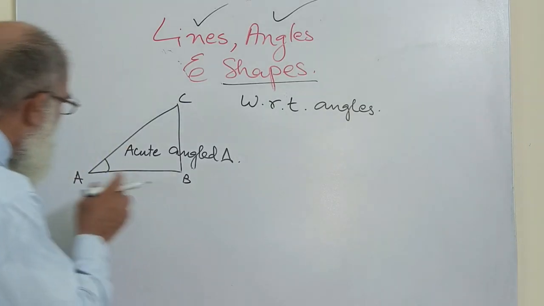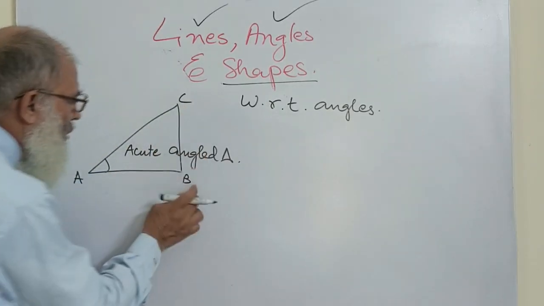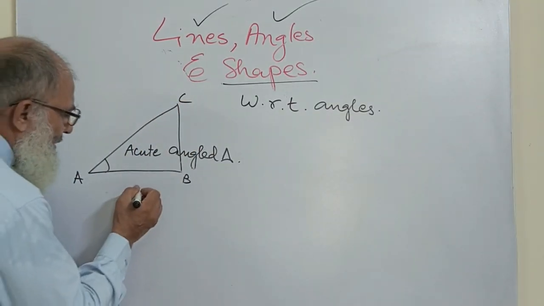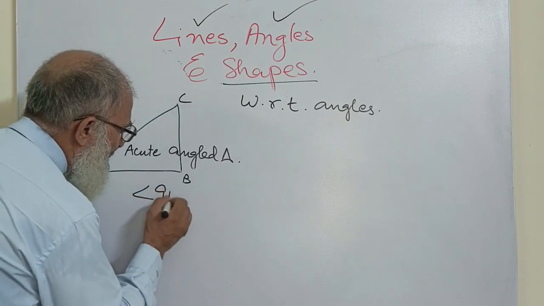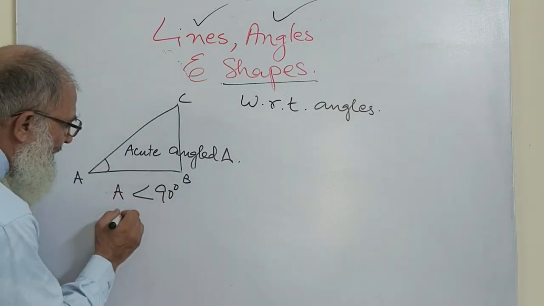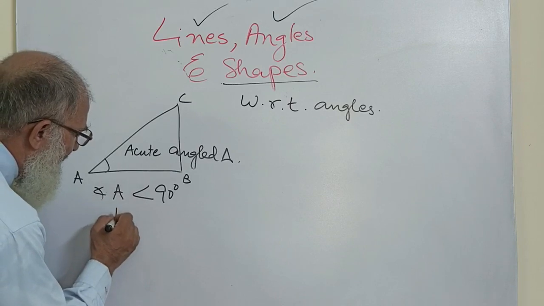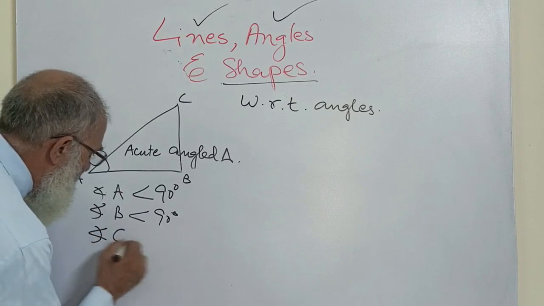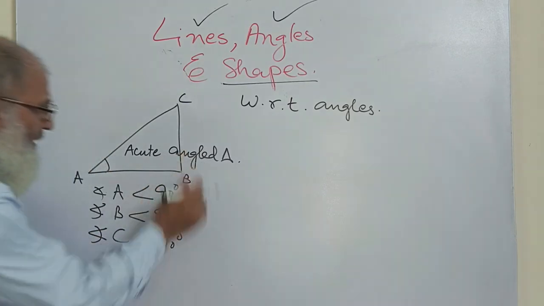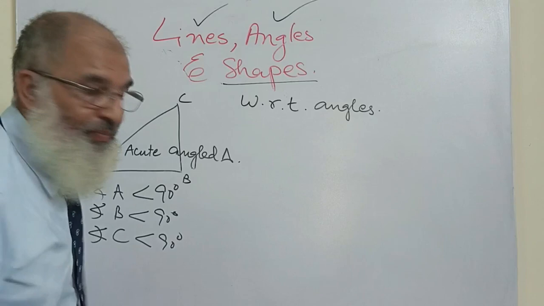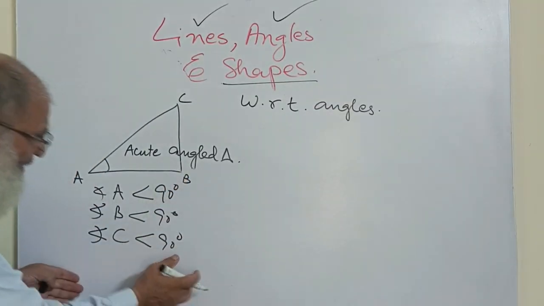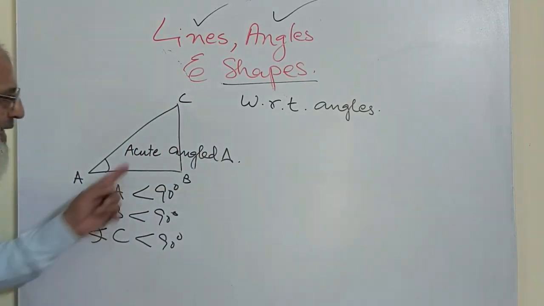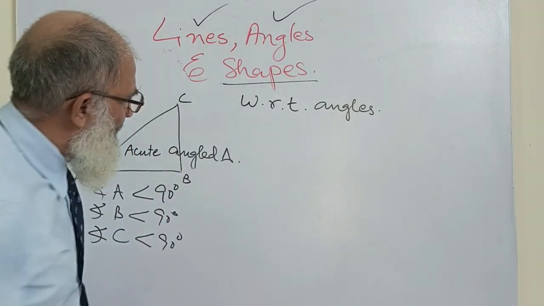All the angles in this triangle are less than 90 degrees. That means angle A is less than 90 degrees, angle B is less than 90 degrees, and angle C is also less than 90 degrees. All the three angles are less than 90 degrees. When this characteristic appears in a triangle, that means that this is an acute angled triangle.